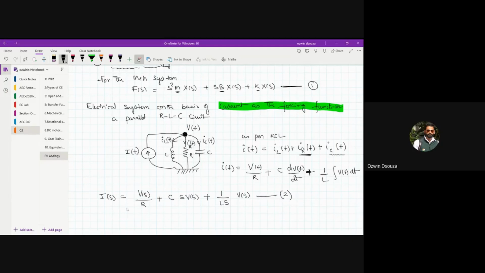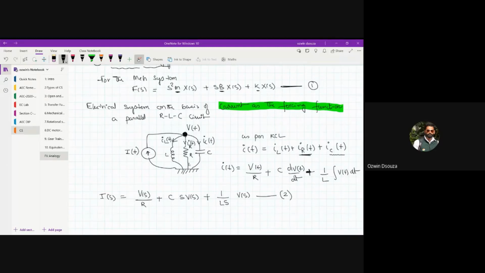Now here the same problem exists, right? If you compare equation 1 with equation 2, you see that there is an order mismatch. In the sense, equation 1 is a second order system. On the other hand, equation 2 looks like a first order system.